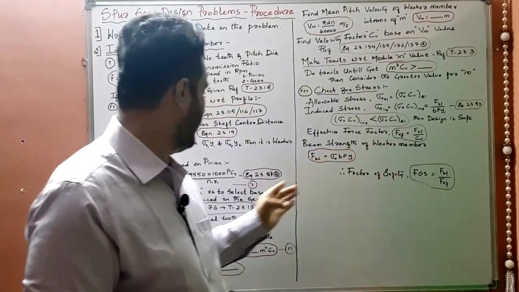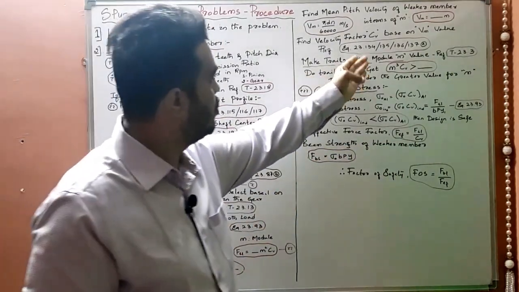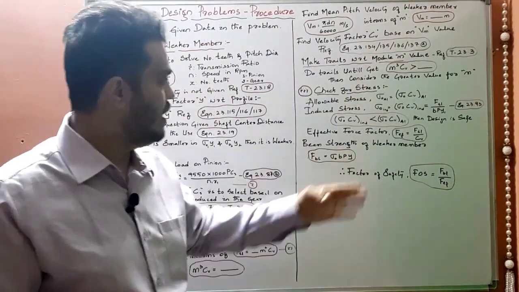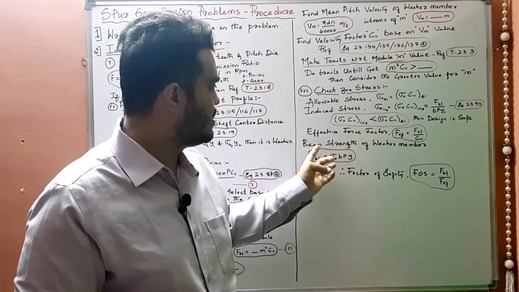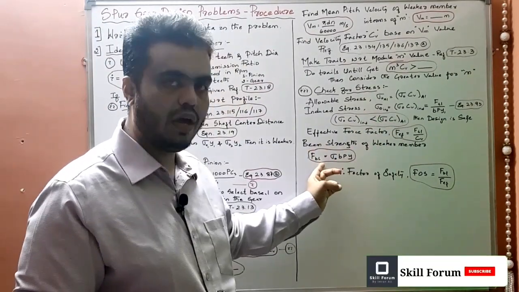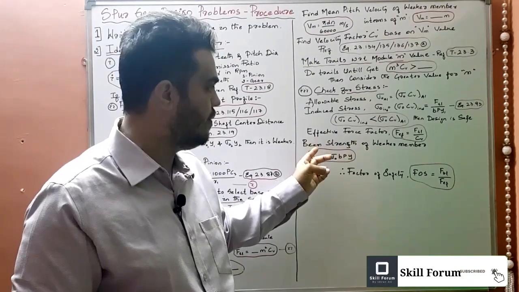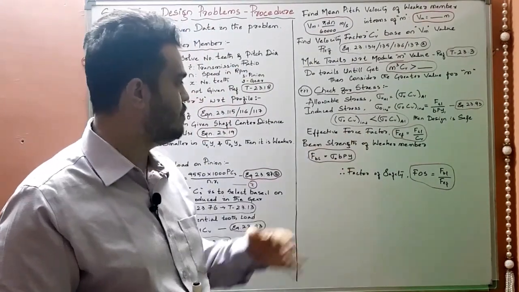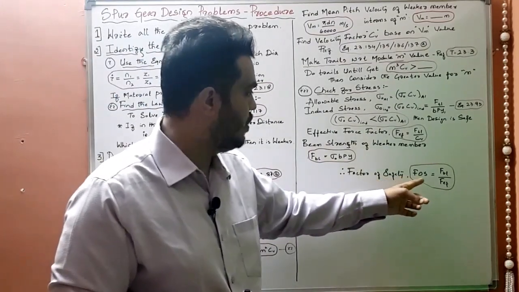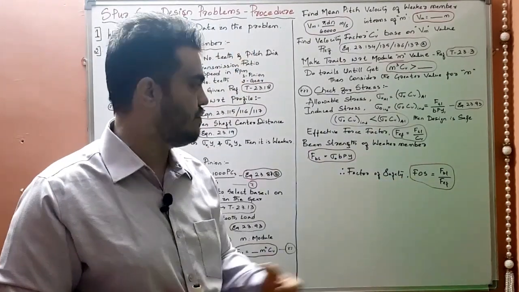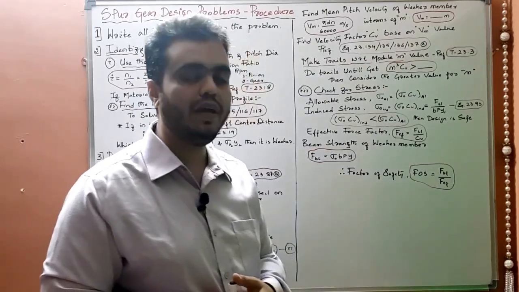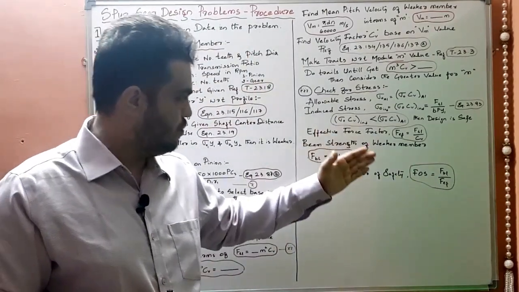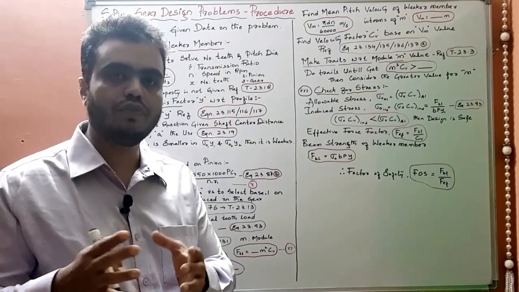CV we already have from this table, then we need to solve, okay? Next, beam strength of the weaker member, we already have an equation, substitute all the data. Once we have found out effective force and beam strength force, we need to find out the factor of safety, that is FOS is equal to FBL by FEF, okay? By using this equation you need to find out the factor of safety.